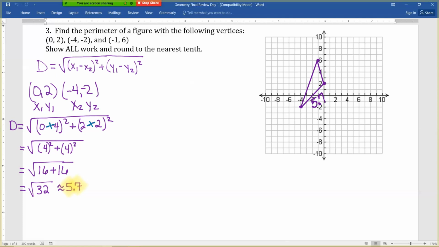But to find the perimeter, we have to find the length of all the sides. So we get to go back, use the distance formula again with 2 different points. So I'm going to go back and use the next 2. So I'm going to use -4, -2 with -1, 6. Label them x1, y1, x2, y2. And then we're again filling out our formula.